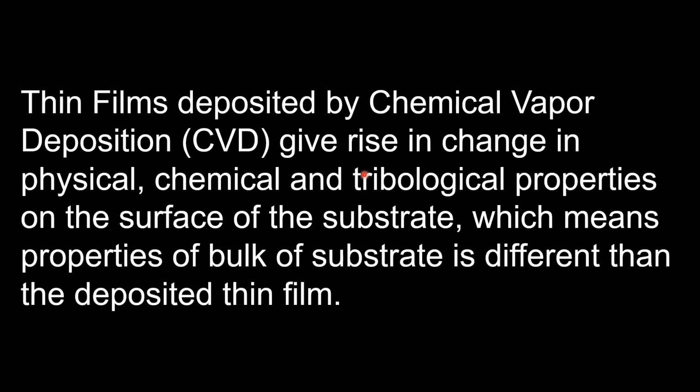So if I summarize, the chemical vapor deposition process is a process which gives rise to a change of physical, chemical, as well as tribological properties of the material on the surface of the bulk material, which means that the property of the bulk material is different from the properties of the deposited films.